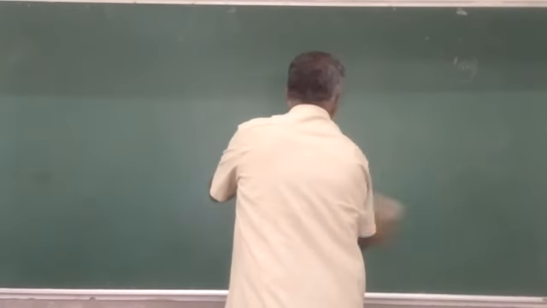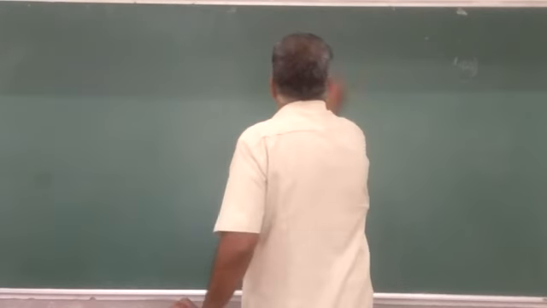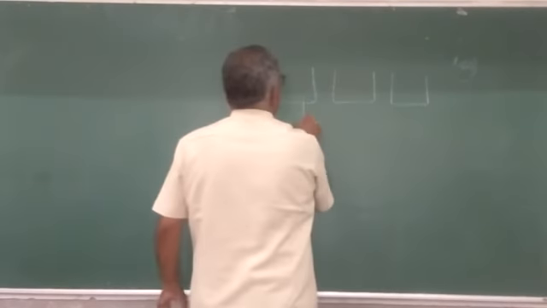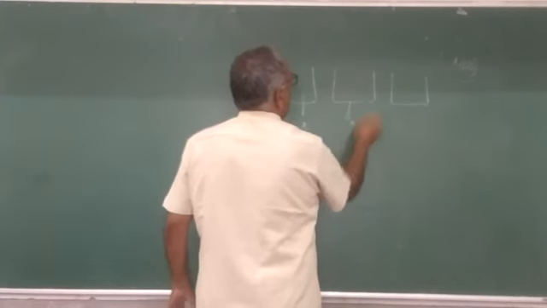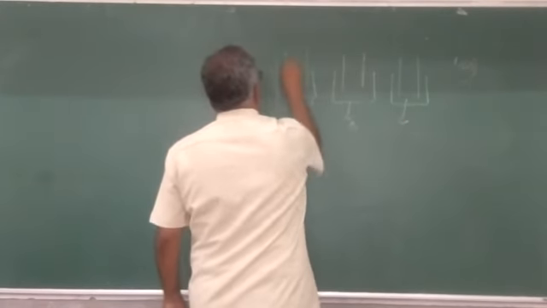Suppose you take different electrolytes, so this is A, this is B, this is C. Put the electrodes.